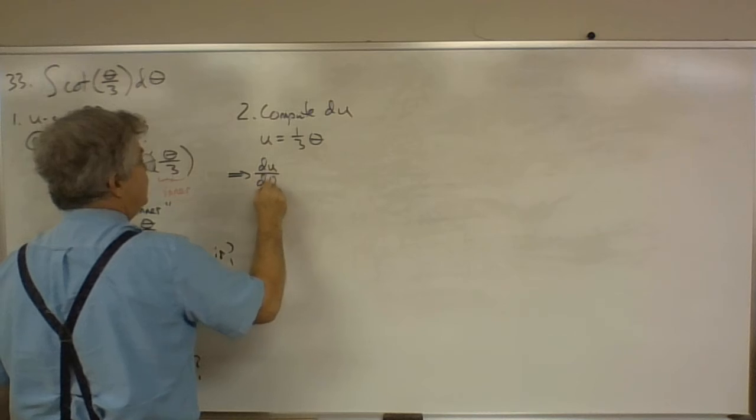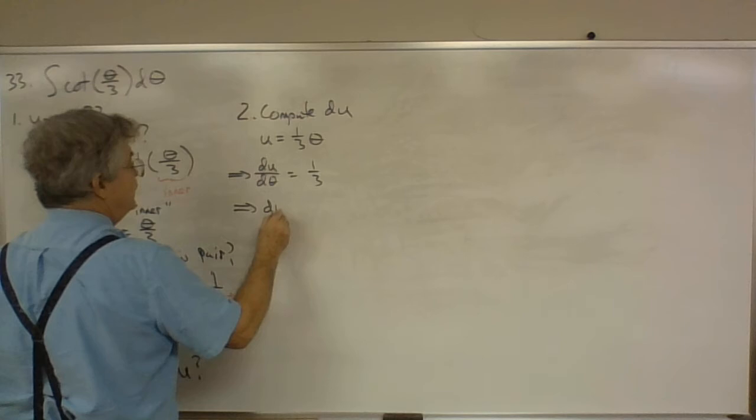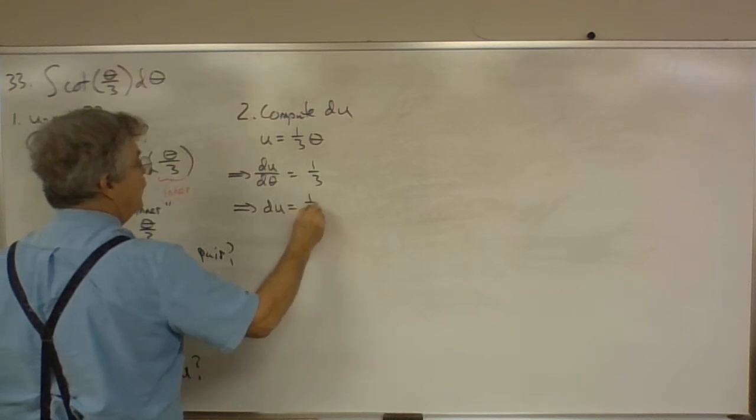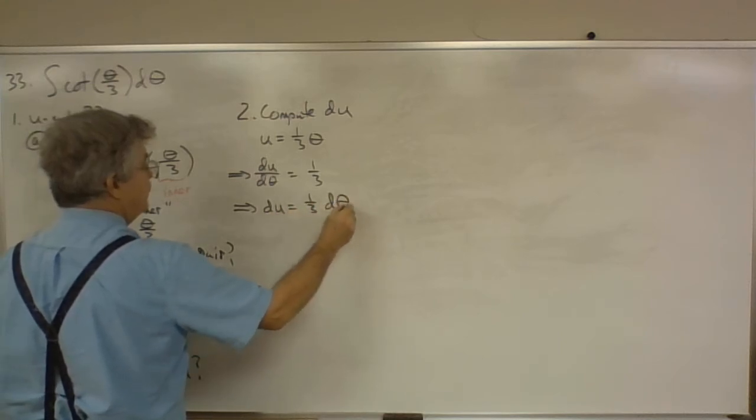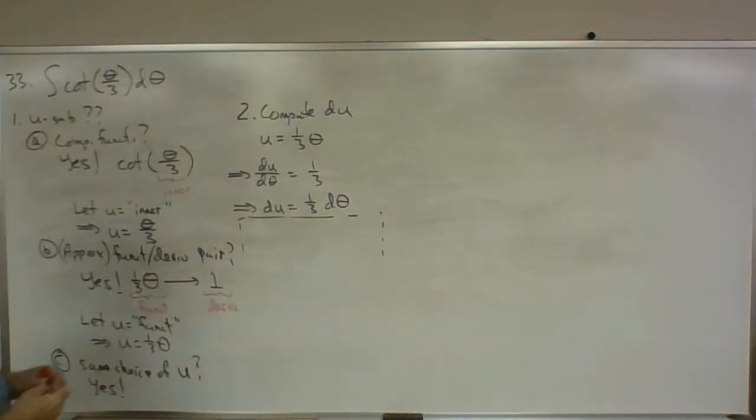So du d theta is 1/3, and du is 1/3 d theta. And we'll leave a little space below for step 3.